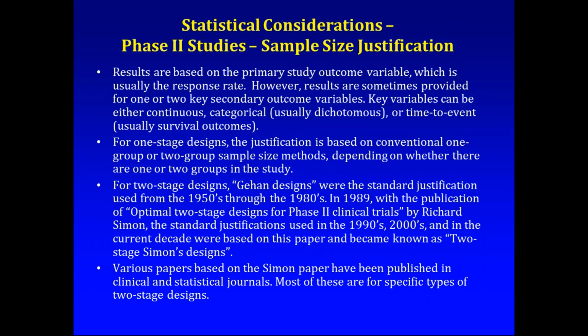And that was really the primary paper that investigators based their phase 2 designs on for many years until the 1980s, and really until 1989 when Richard Simon's paper came out about optimal two-stage designs. And really since that time, most two-stage designs are based on Simon's work and then extensions of his work that have been done by biostatisticians since then.